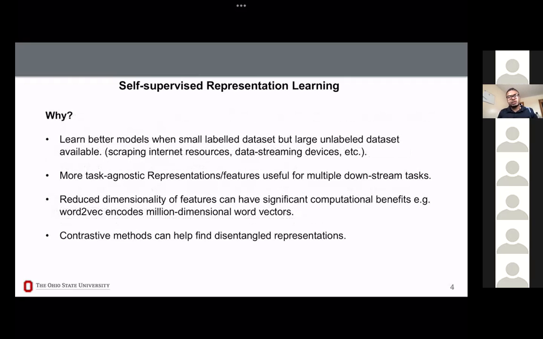Okay, so the second question is why do we really want to do self-supervised learning? The most important point is the first one: we have a ton of unlabeled data. You can scrape the internet. All these data streaming devices, mobile devices, are collecting data. Your Fitbits, Apple Watches, they're collecting a lot of unlabeled data all the time.